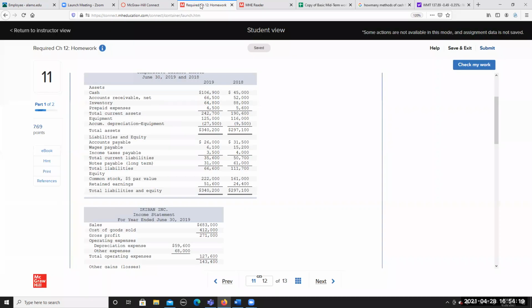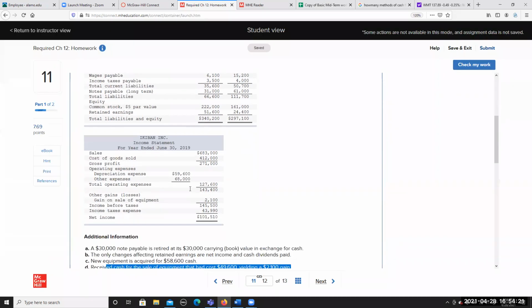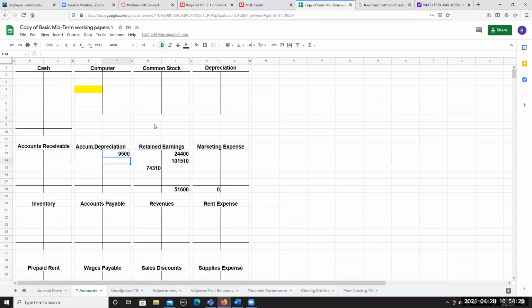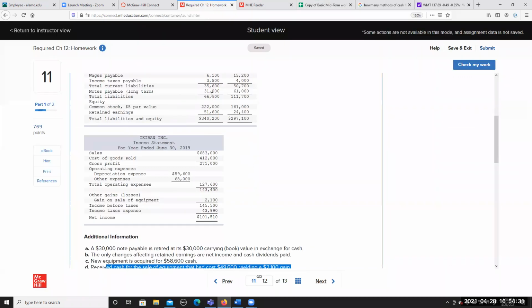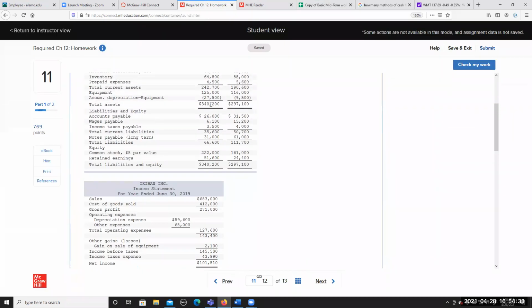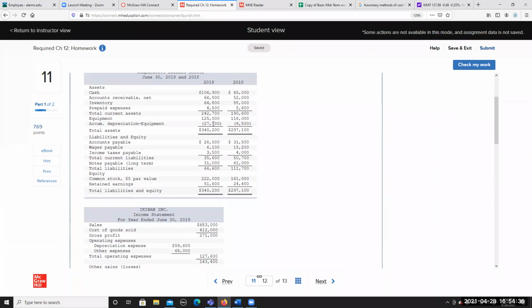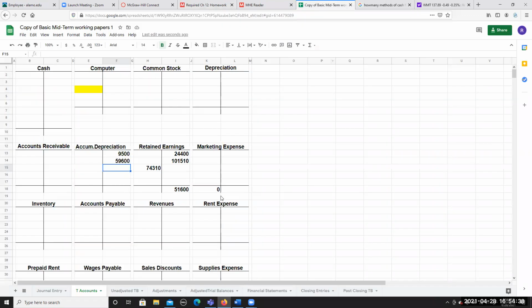Then our depreciation expense for the year was 59,600. So that made it go up by 59.6. Then at the end of the year, accumulated depreciation is 27.5.